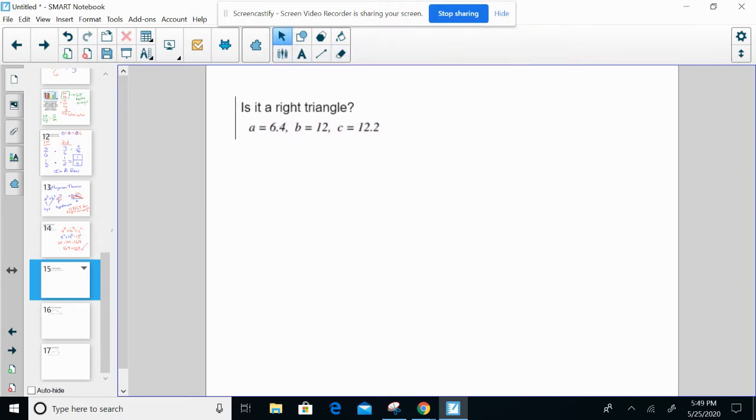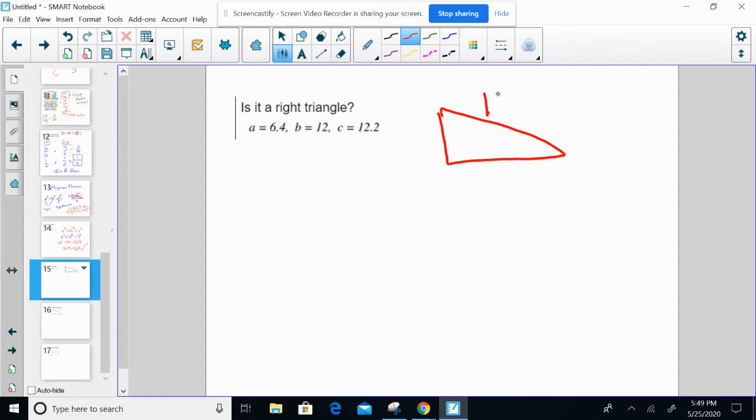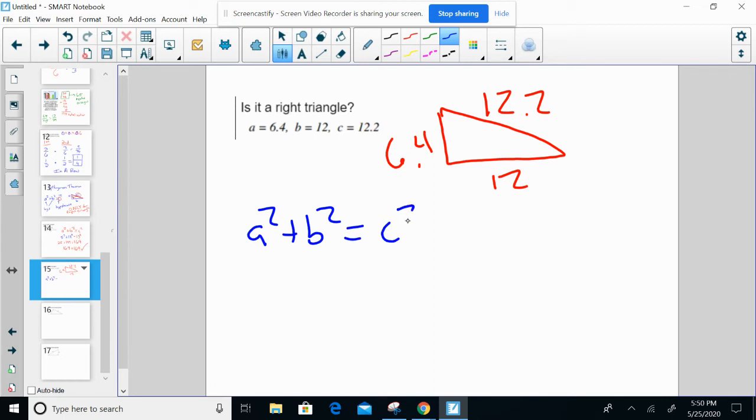We don't know. All we know is we have some triangle. C is our biggest side. And you don't have to draw the picture. I find that it's kind of helpful. But ultimately, you're going to use a squared plus b squared equals c squared. The c is 12.2, and the other sides are 6.4 and 12, and it won't really matter where they go.